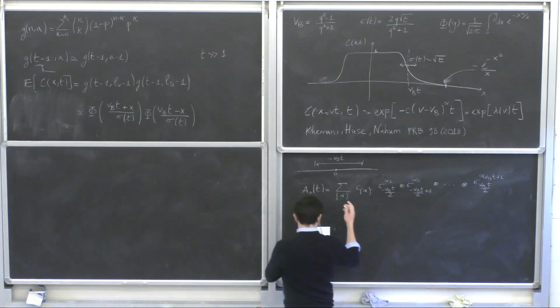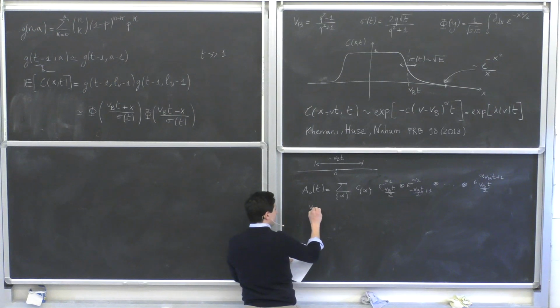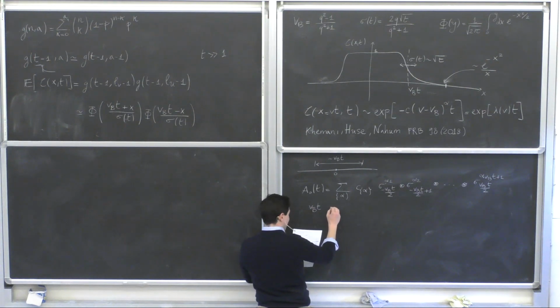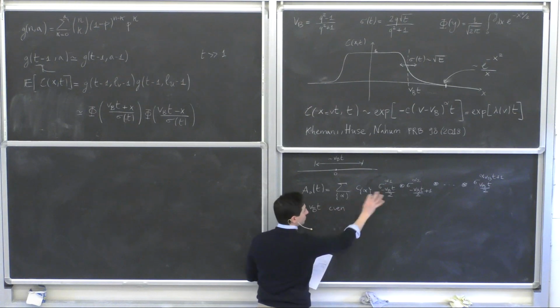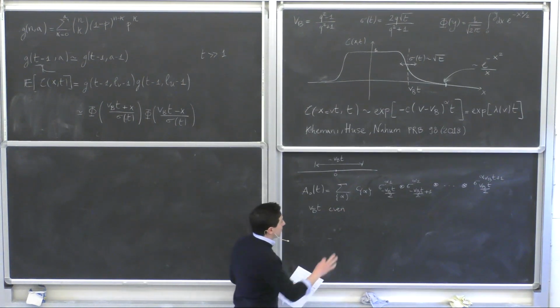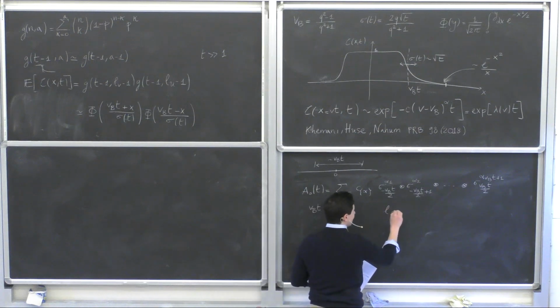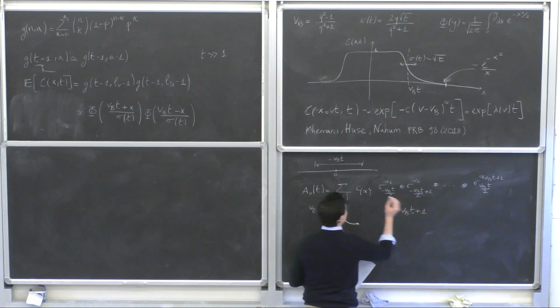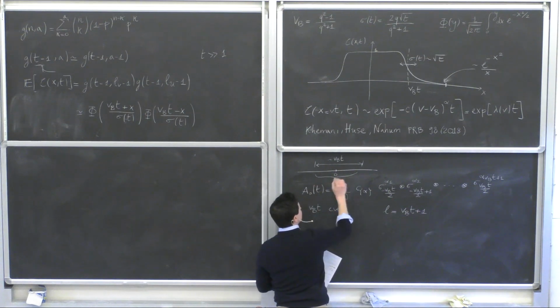Here I'm assuming VB times T to be even. It's not really important, but just so that the formulas make sense. And let me define L to be VB T plus 1. So we're saying that this now is equal to L.